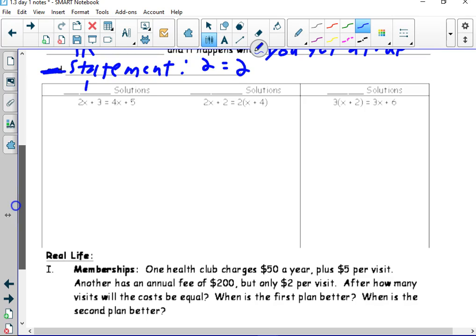Okay, this is going to be one solution and no solution. And this is going to be infinite. Also known as all real numbers. Okay? So, on this one, I'm going to subtract 2x.